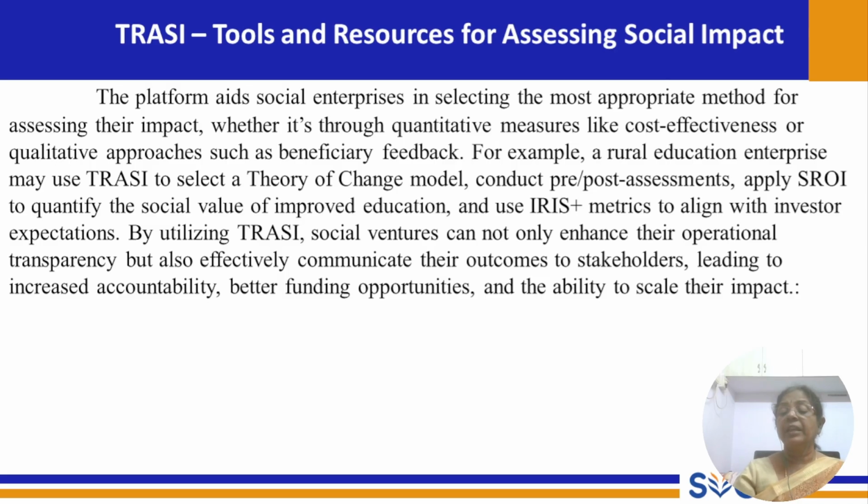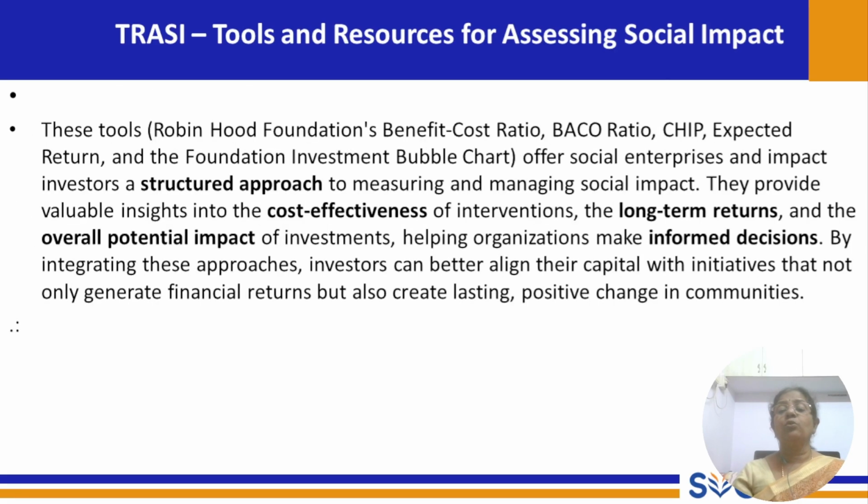to scale their impact. These tools, Robin Hood Foundation's benefit cost ratio, BACO ratio, CHIP, expected return, and foundation investment bubble chart, offer social enterprises and impact investors a structured approach to measuring and managing social impact.